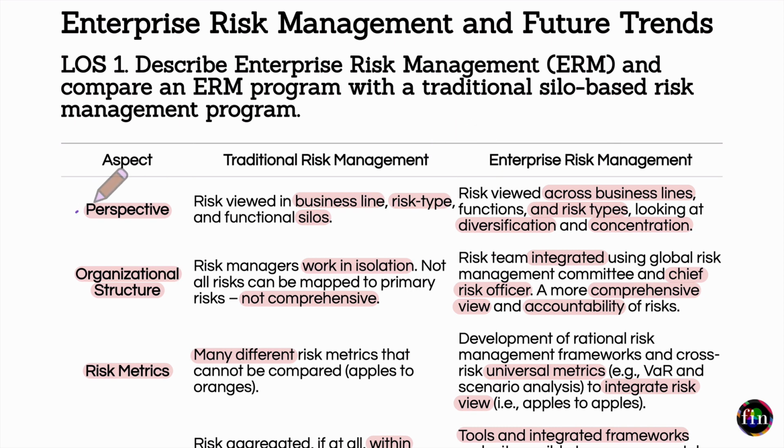The first difference, something which we have already pointed out, is the perspective, is the level at which you measure, monitor, and let's say manage risk. In traditional risk management, your risk is viewed in business line and let's say risk type and functional silos.